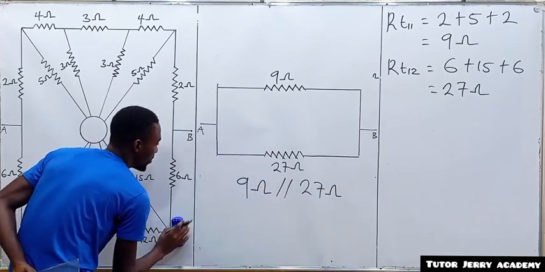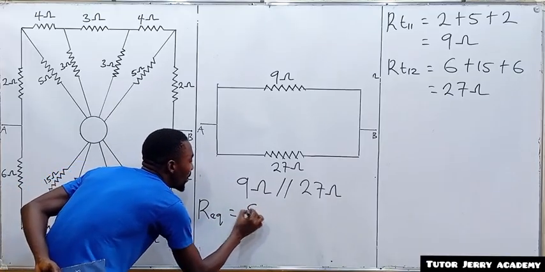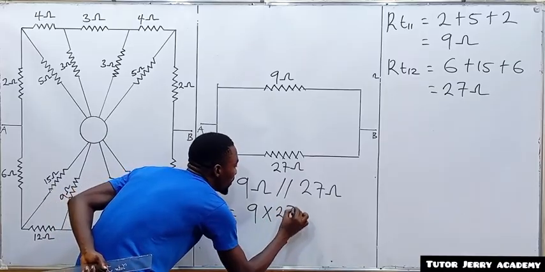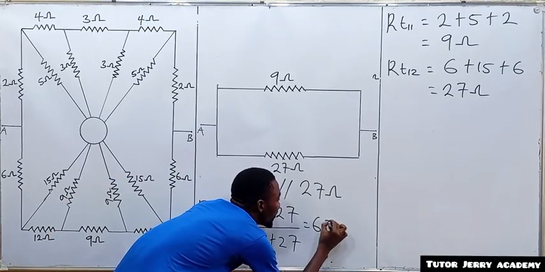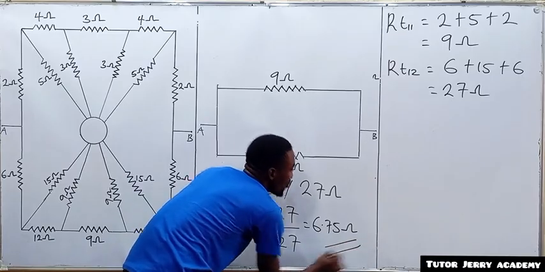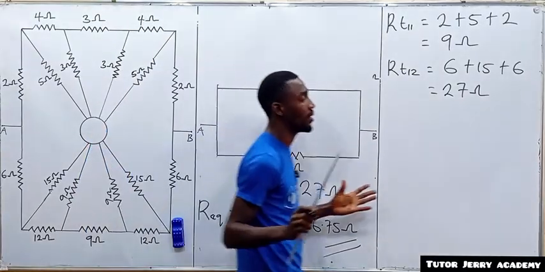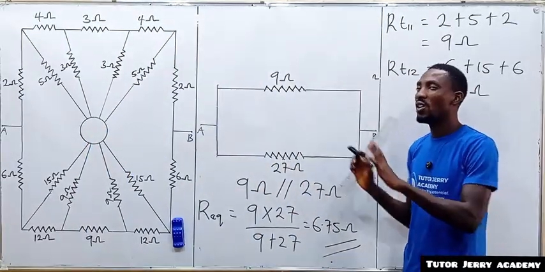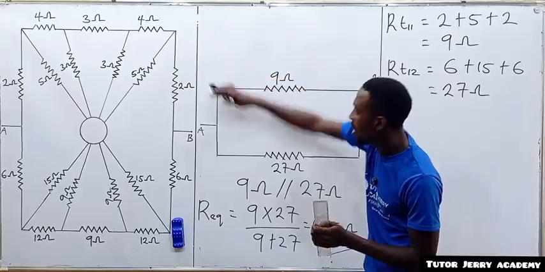All right, so the R equivalent now will be equals to 9 multiplied by 27 all over 9 plus 27, equals 6.75 ohms. All right, so this is the final solution to our question. I hope we understand all the analysis that we have done so far in this question.